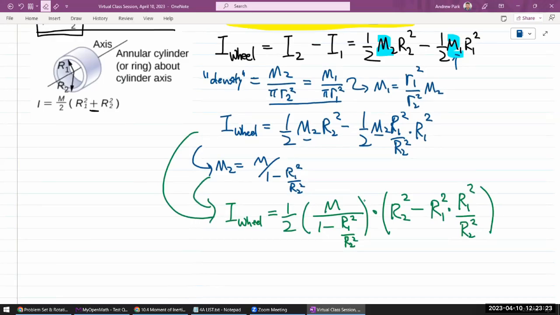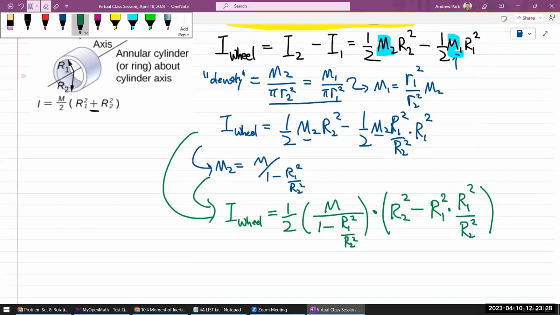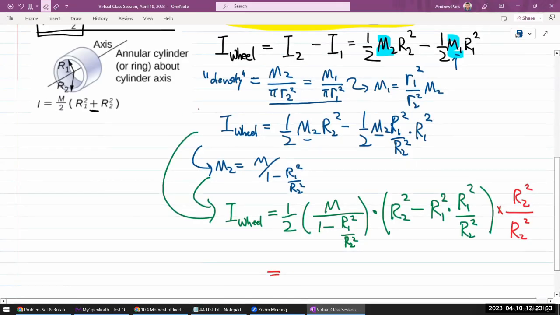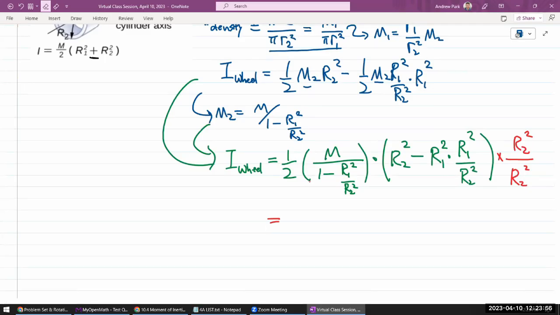All right, let me do this simplification. I don't like seeing all these nested fractions. One way you can get rid of a nested fraction is by multiplying everything on the numerator by r2 squared and everything on the denominator by another r2 squared. This ratio is 1, that's why I can do it, because it doesn't actually change any quantity.